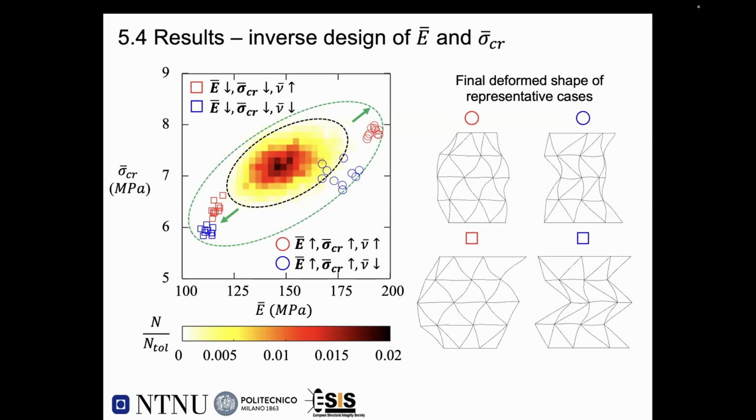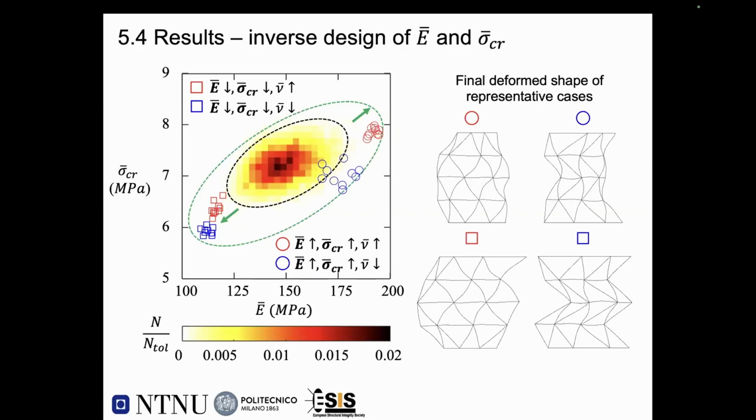But after we perform the inverse design, that means we maximize our effective stiffness and strength, represented by these circular symbols, and also minimize the effective stiffness and strength, represented by the square symbols, we can easily enlarge the design space to this green part.